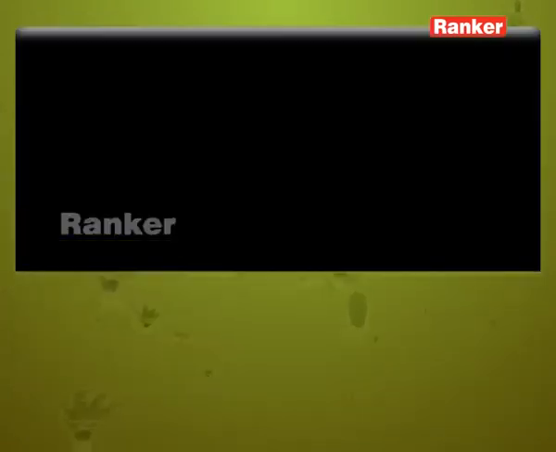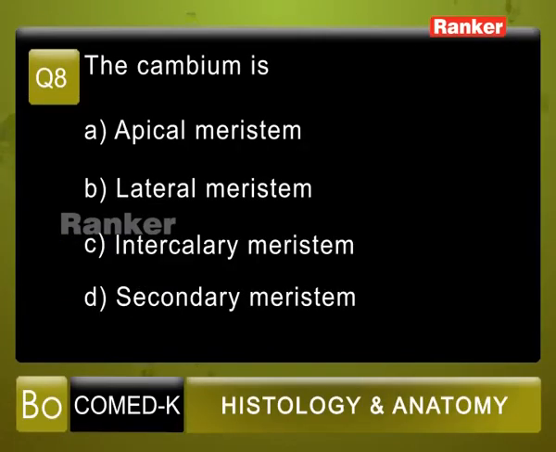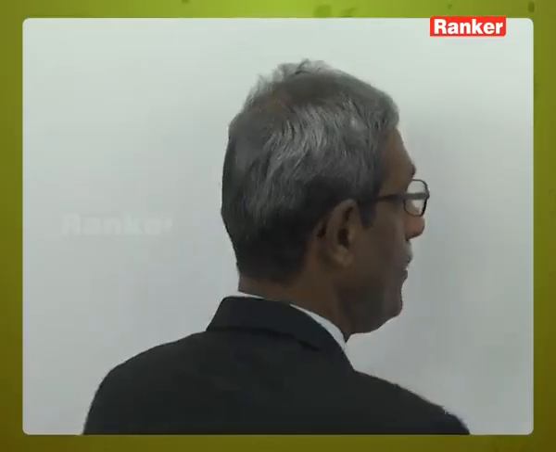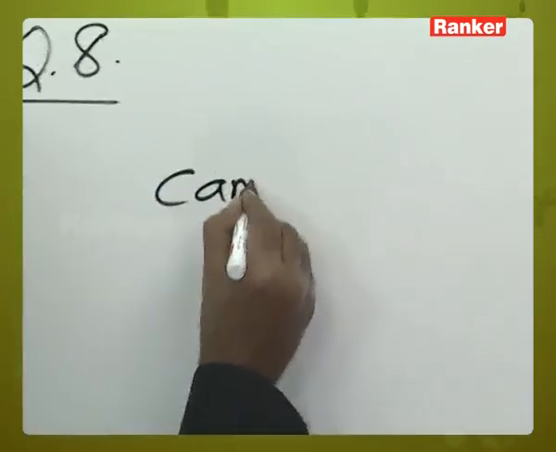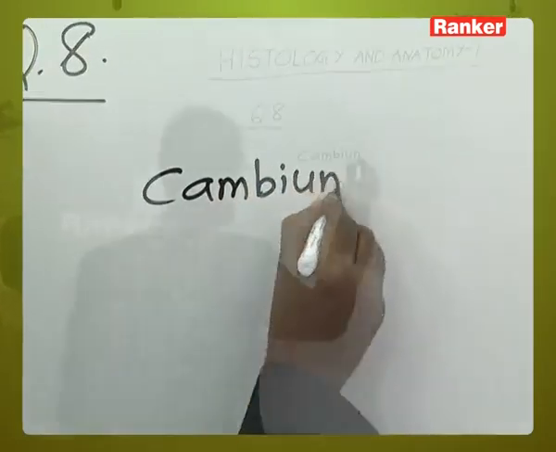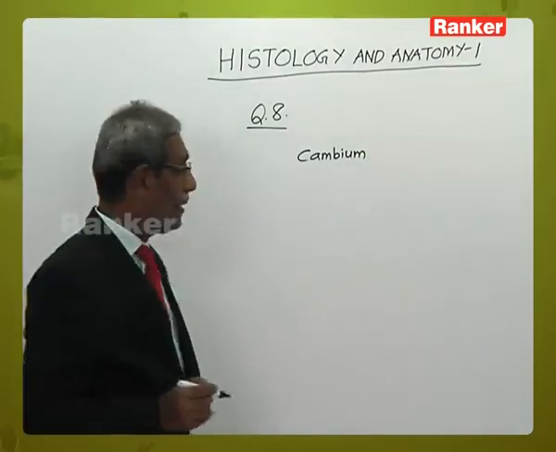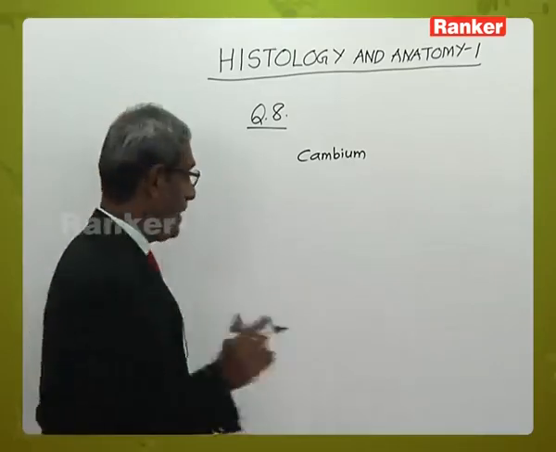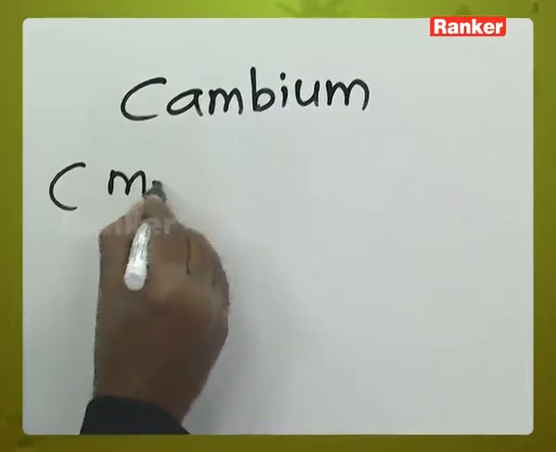Question number 8. The cambium is A. apical meristem, B. lateral meristem, C. intercalary meristem, D. secondary meristem. When you take the cambium, the cambium includes a list of cells which are meristematic.